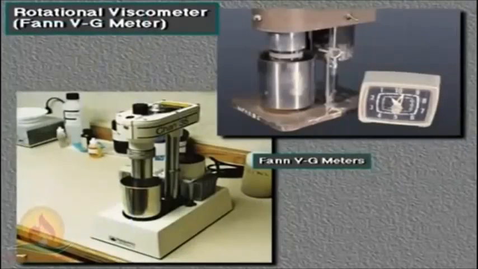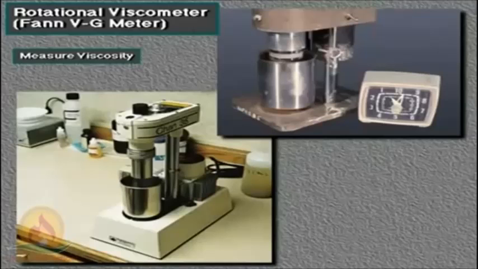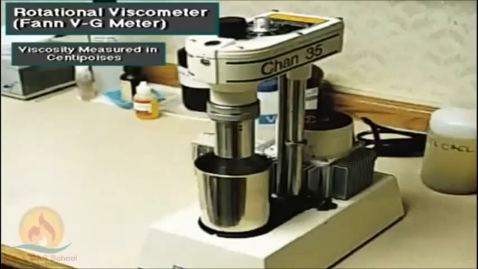This device also measures mud viscosity. It's a more scientific viscosity measure than the marsh funnel. A fan VG meter measures the mud's viscosity in centipoises. A centipoise is a unit of measure for viscosity, just as an inch is a unit of measure for length.